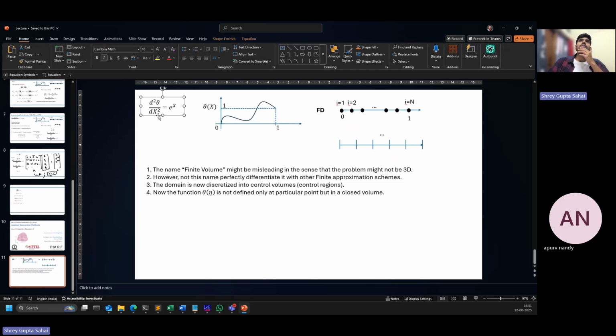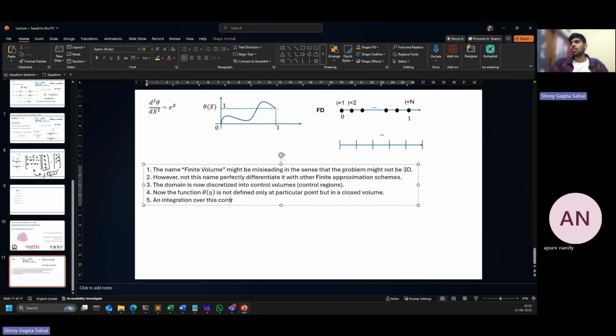And the way you do it is you integrate it over this small volume. So let's integrate it over a control volume. The domain is now discretized into control volumes. The function theta is now not defined only at a particular point, but in a closed volume. An integration over this control volume is the first step in solving the equation.